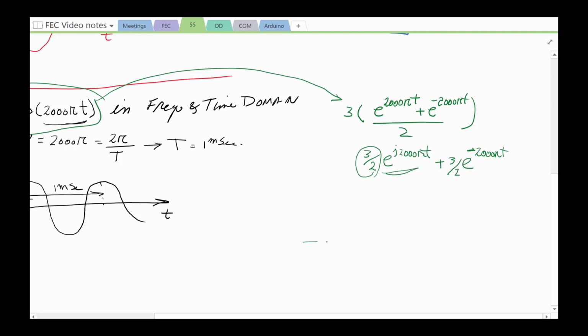So when you plot this, you will have omega here, and 0 here. One frequency is going to be plus 2000 pi, and the other frequency is going to be minus 2000 pi. And then what would be the magnitude? The magnitude would be 3/2 this way, and 3/2 here.